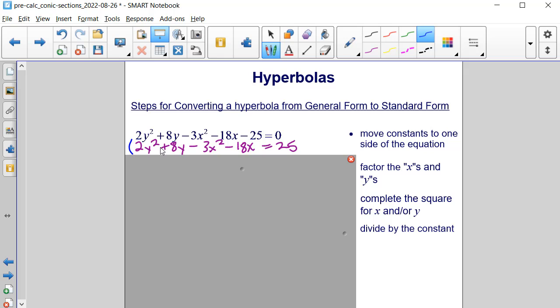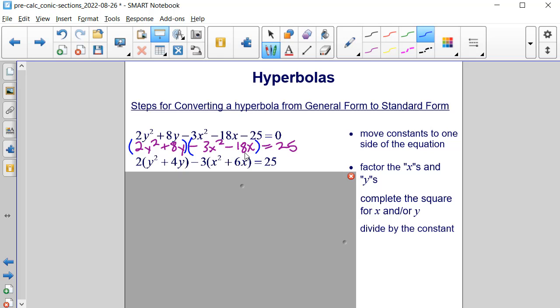So our 2y squared plus 8y and the negative 3x squared and negative 18x together, and pull out a common factor from each of these two binomials that we now have grouped. So from the 2y squared plus 8y, we can factor out a 2, and when we do so, we will be left with y squared plus 4y.